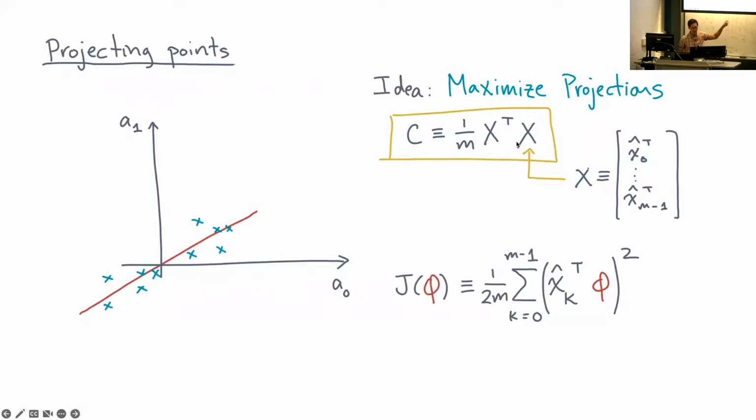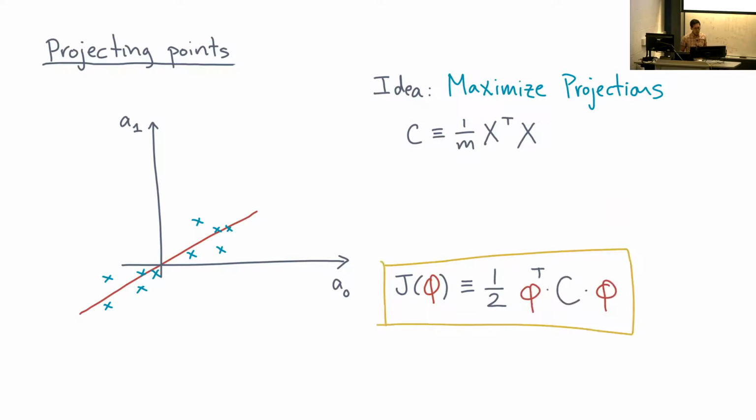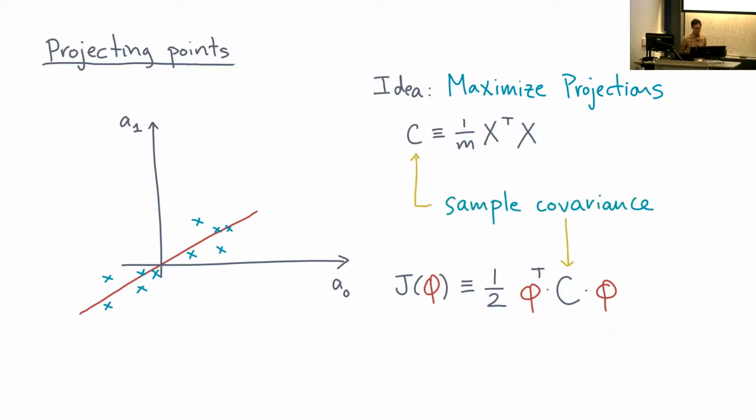Does anybody recognize it? What object from statistics is the matrix C? Okay, it's the sample covariance of the data.